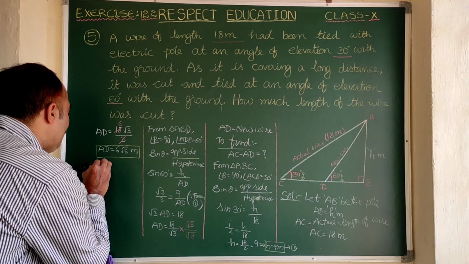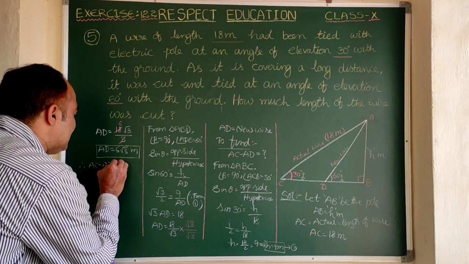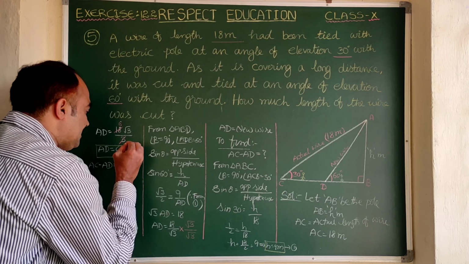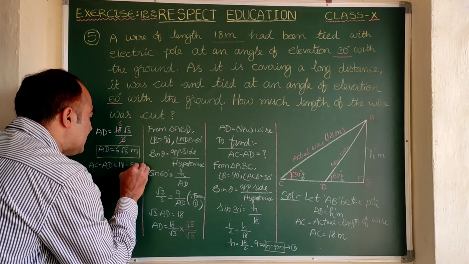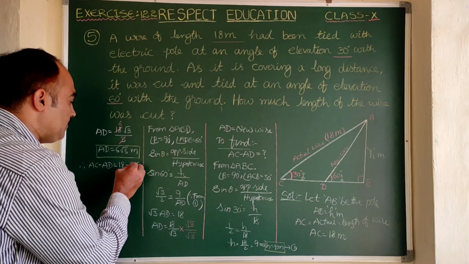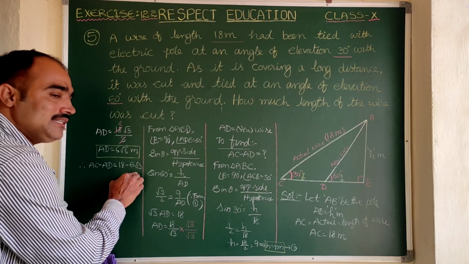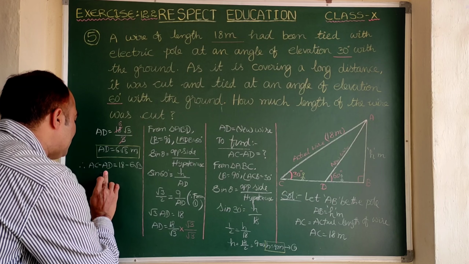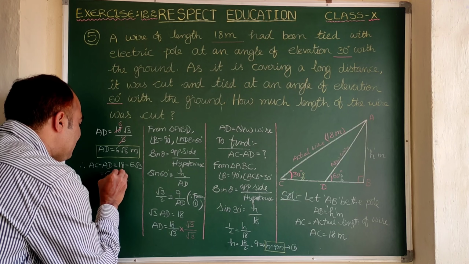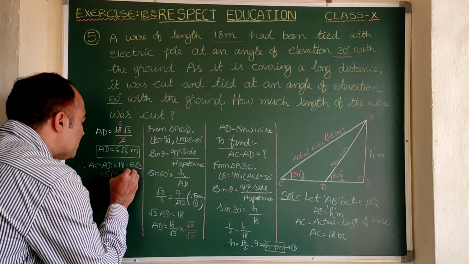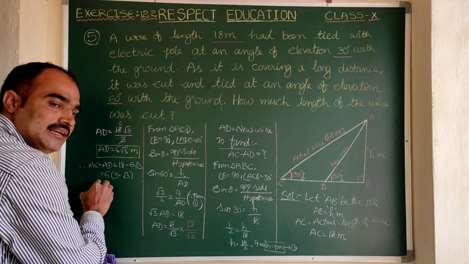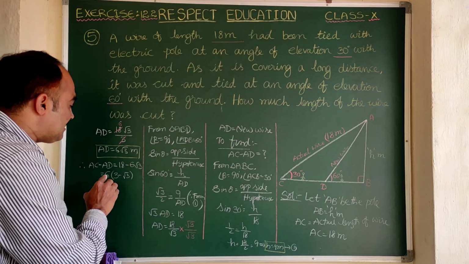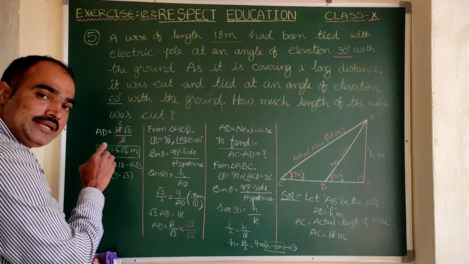So AC minus AD is equal to 18 minus 6 root 3. If you take 6 common, this is 3 minus root 3, because 6 3s are 18 and 6 into root 3 is 6 root 3. In fact, we can write this answer as 6 into 3 minus root 3 meters.